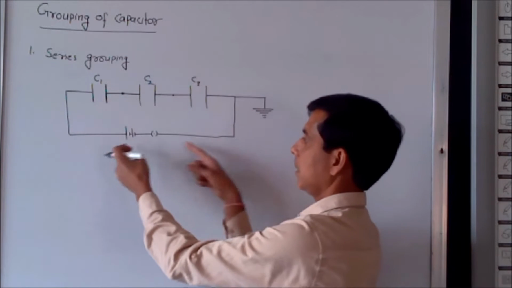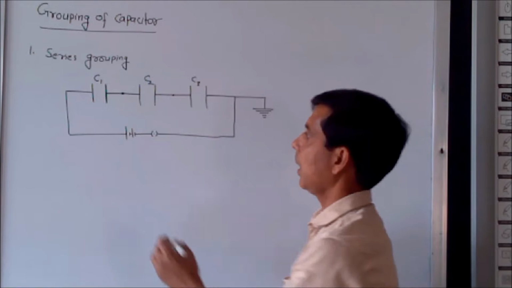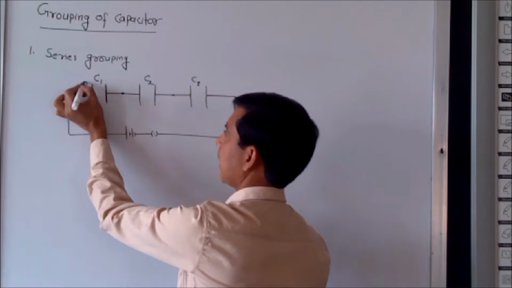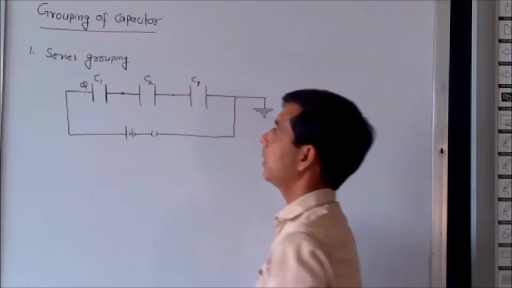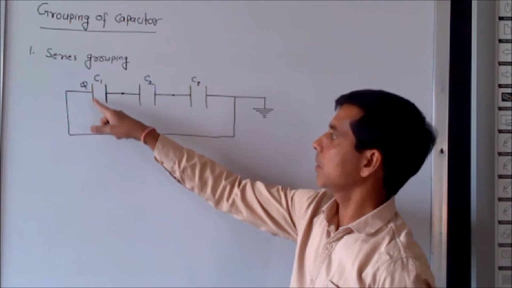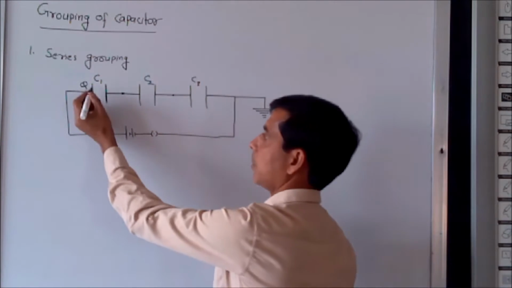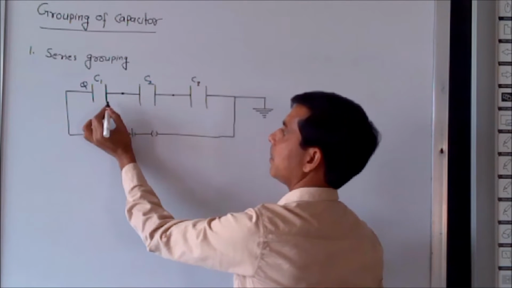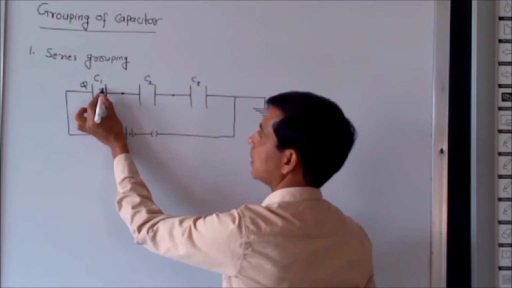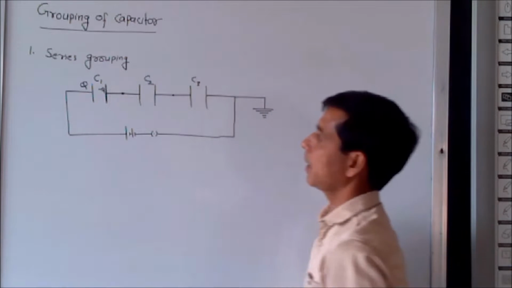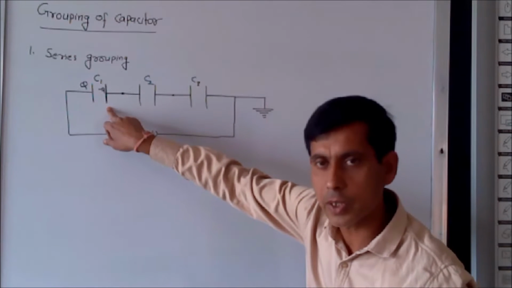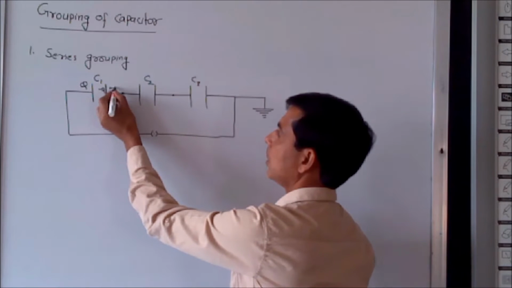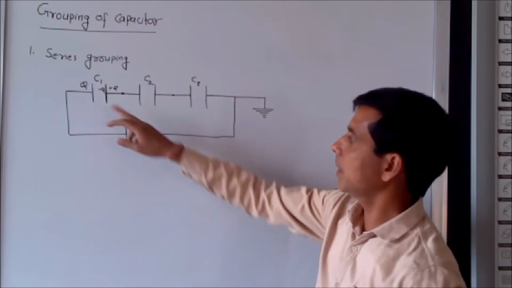Now this combination is connected to a battery, and when Q charge is supplied by the battery to the capacitor, at first Q charge is deposited on the first plate of the capacitor. Due to induction, the same negative charge is induced on the inner side of its second plate, and the same charge plus Q is placed on the other side.